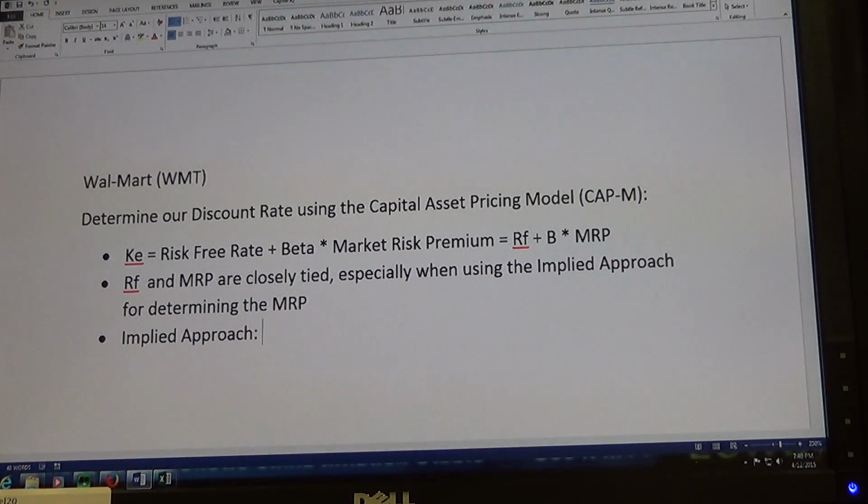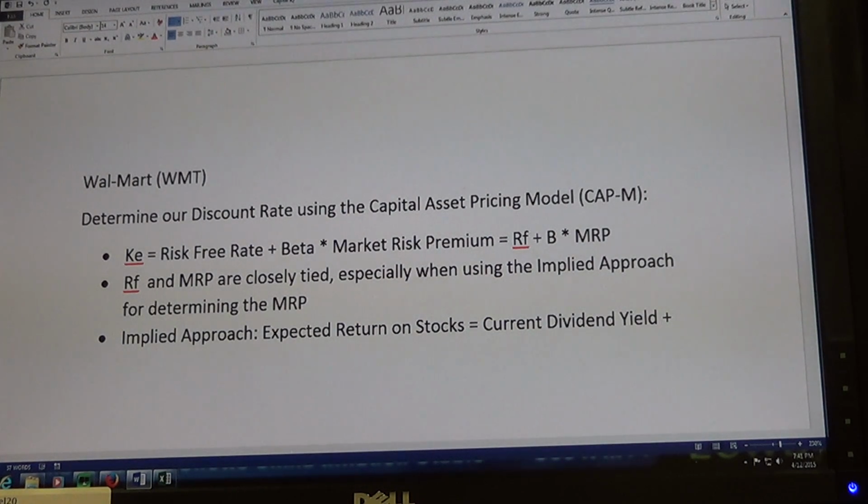The implied approach says that the expected return on stocks overall, the entire stock market, what we can expect stocks to return, will equal the current dividend yield plus expected earnings growth.